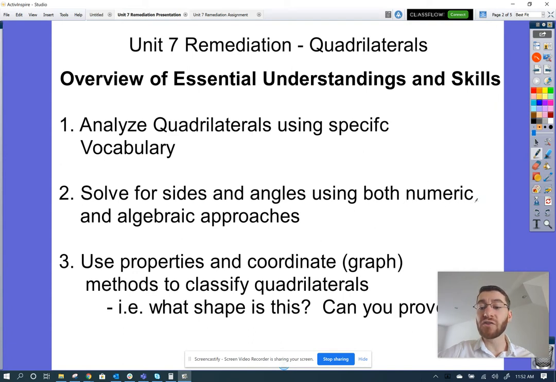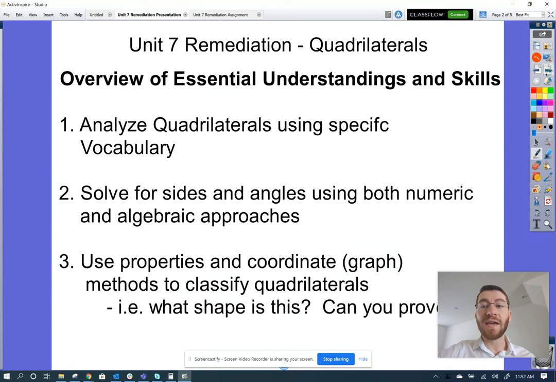Numeric just means there's no x's or y's, it's just numbers. Algebraic approaches is where we actually write an algebra equation and solve it. And then we're going to use properties and coordinate methods, so that means on a graph, to classify quadrilaterals. That means what shape is this, and can you prove it?